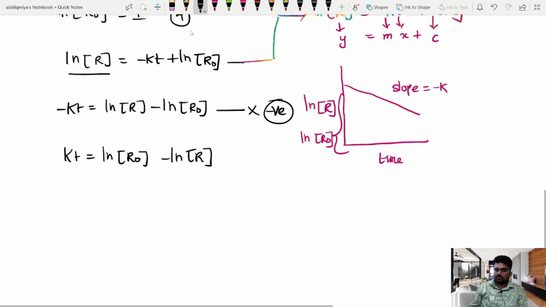Now ln A minus ln B is equal to ln A by B, you can write.